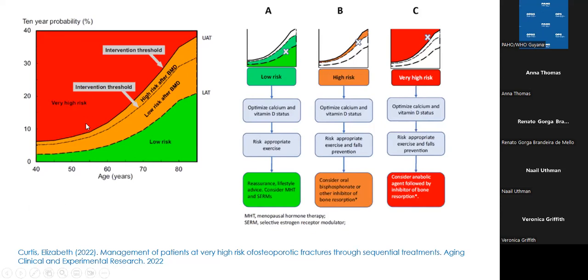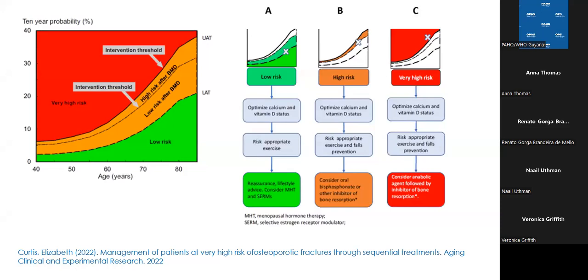But for patients with very high risk or low risk of fracture, a bone densitometry is not necessary. Okay?